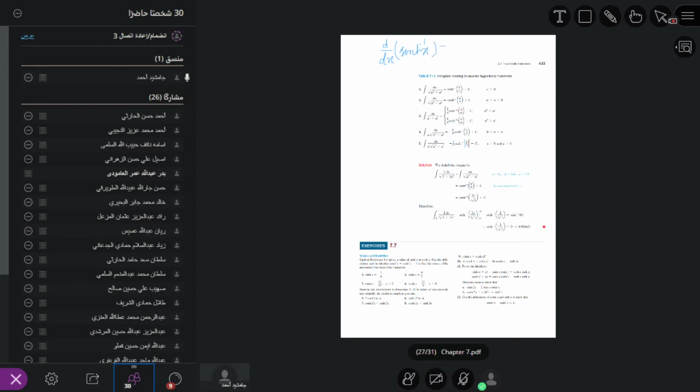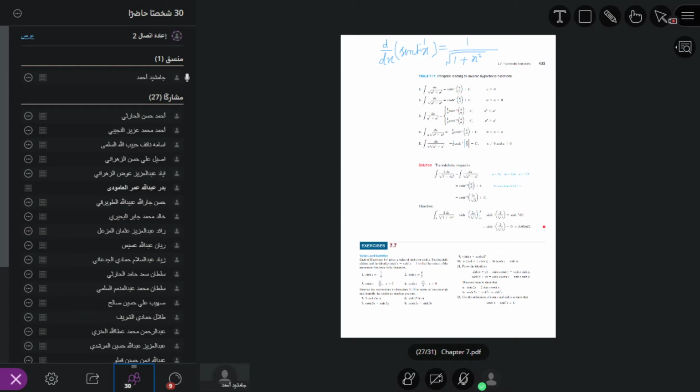It is equal to 1 divided by square root of 1 plus x square. So this is the derivative of sine hyperbolic inverse x.